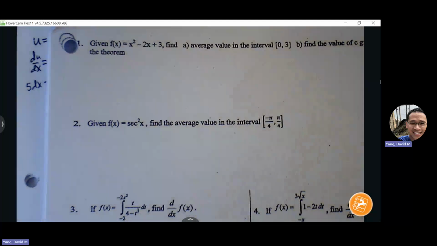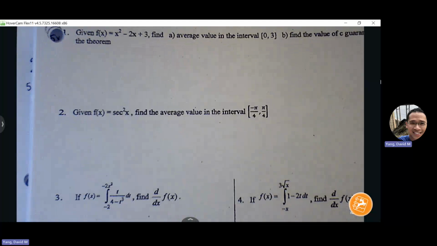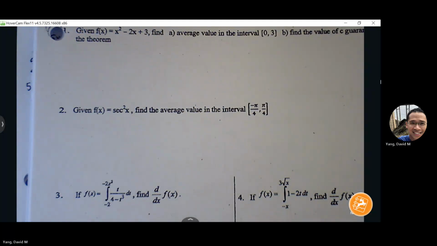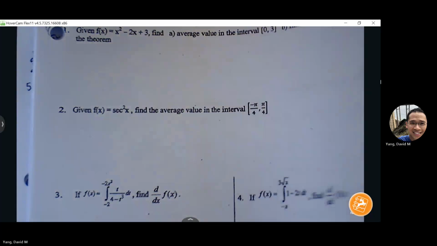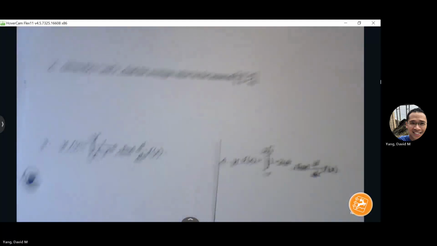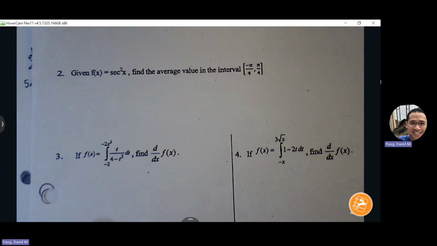Let's start with page 1, since this will hit a lot of the newer topics that we did last week. So let's start with, okay, let's start with number 1.